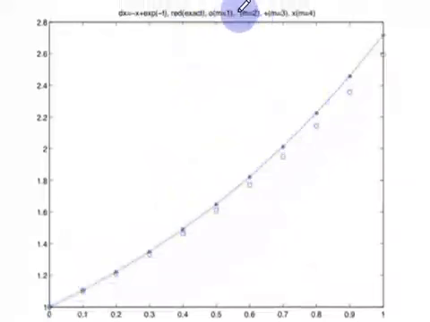All the higher order representations align with this solid exact solution.